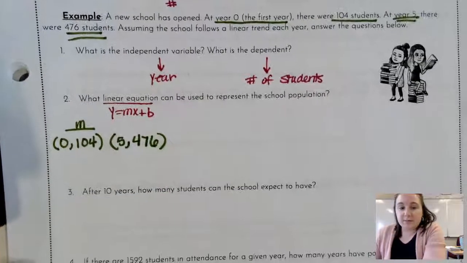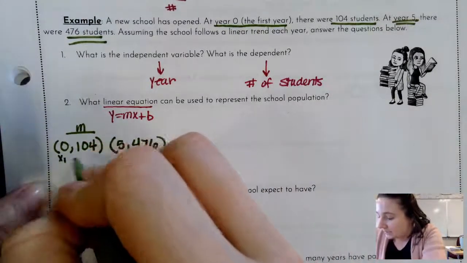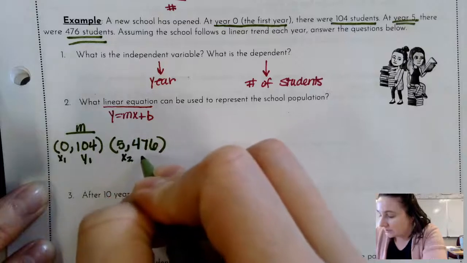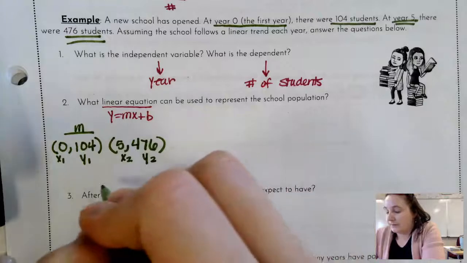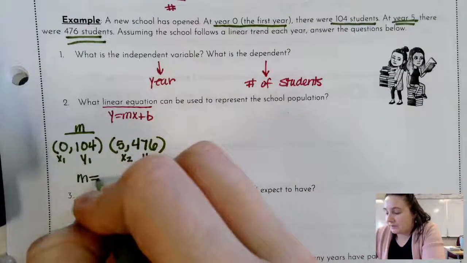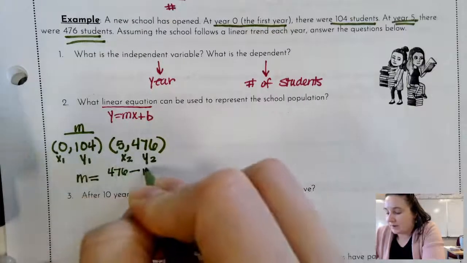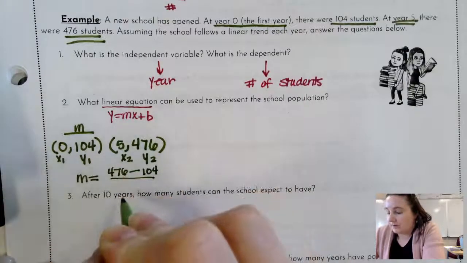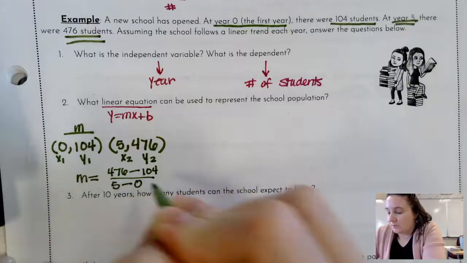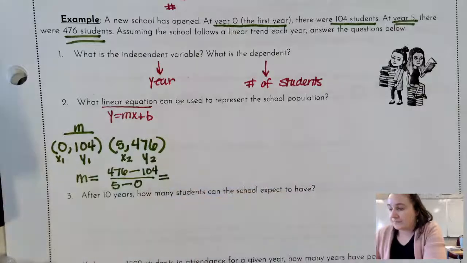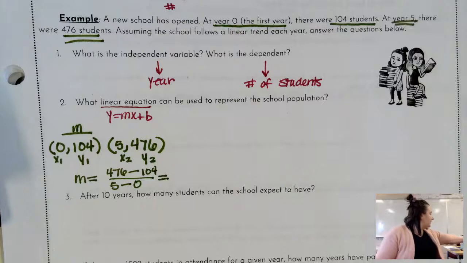So now we can use those points and our slope formula. We can label x1, y1, x2, y2 and plug them into our slope formula. So we have m equals y2 minus y1 over x2 minus x1. Now I want to simplify the top and the bottom.